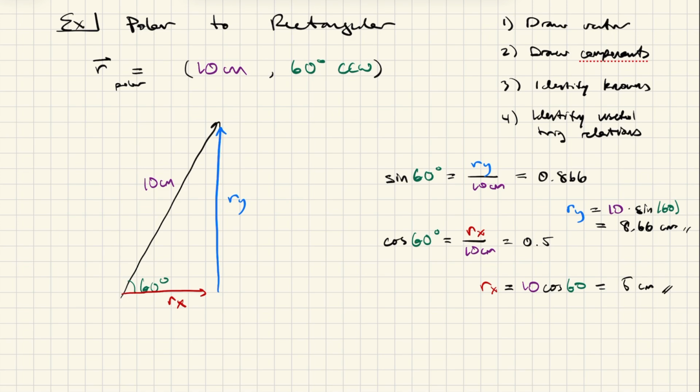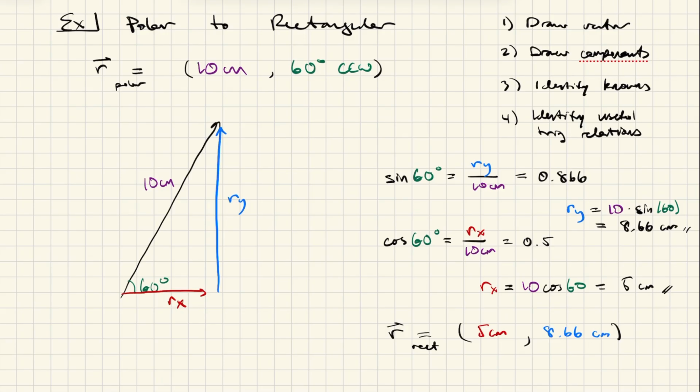And so then I can collect these together and write down the rectangular representation of this vector. R in rectangular coordinates is, the x component is 5 centimeters, and the y component is 8.66 centimeters.